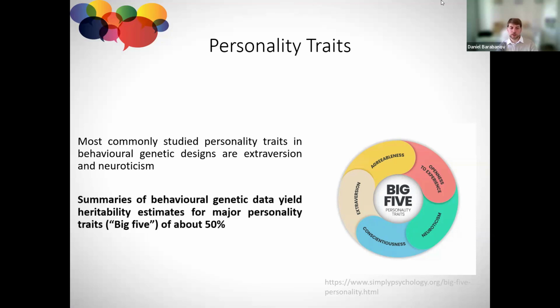So summaries of many studies in behavioral genetics show that heritability estimation for these 5 personality traits is about 50%. So 50% of variance in those traits between groups of people can be attributed to genetical factors and 50% due to environmental factors. So 50% is actually a moderate heritability.